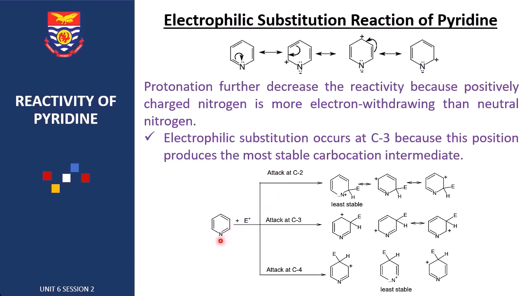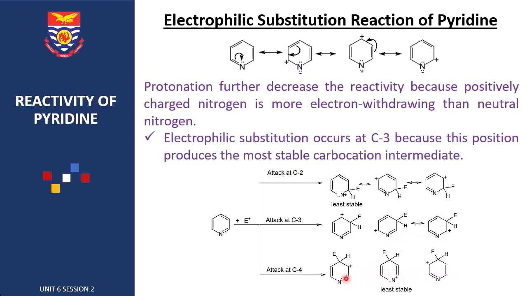The nitrogen becomes number 1, the next becomes number 2, which is the first carbon, then carbon number 3, 4, 5, 6. If you attach our incoming electrophile at carbon number 2, these are the 2 resonance structures we have. At carbon number 3, these are the resonance structures that we can get. And at carbon number 4, these are the resonance structures we can get.